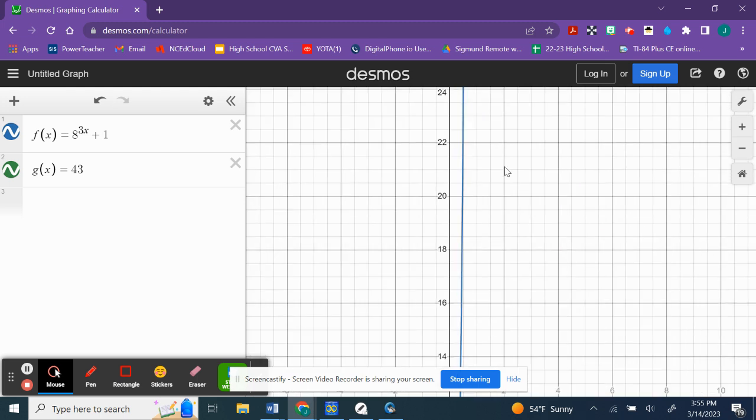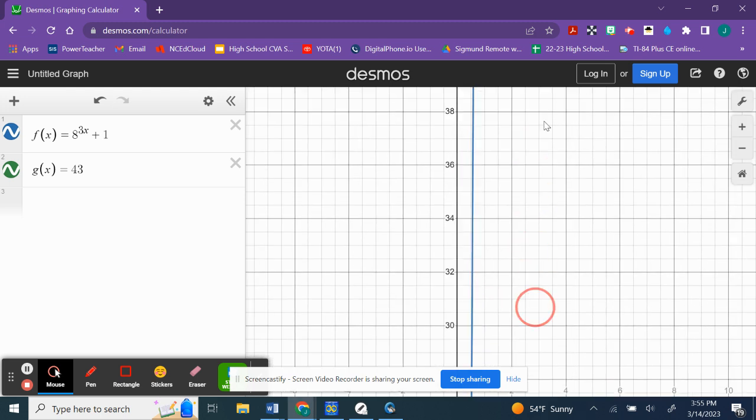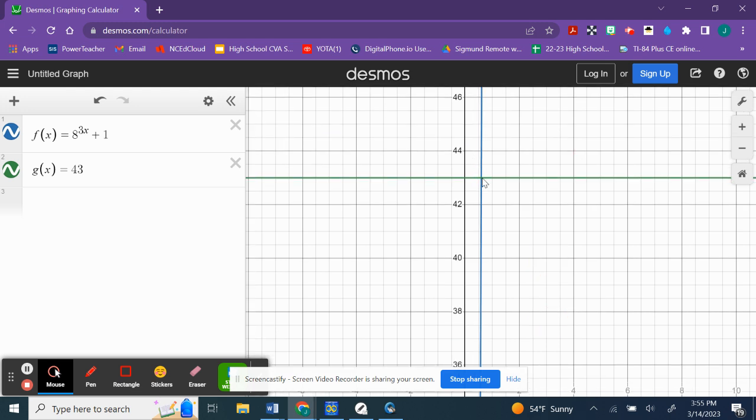So 43 is going to be way up here. So when y is 43, that horizontal line, the x value is 0.599.